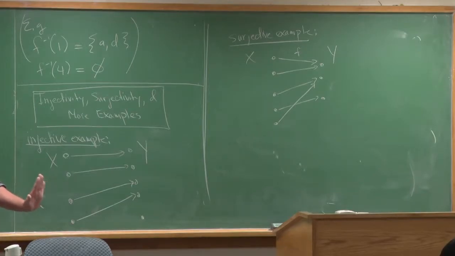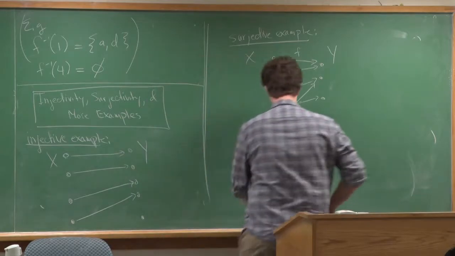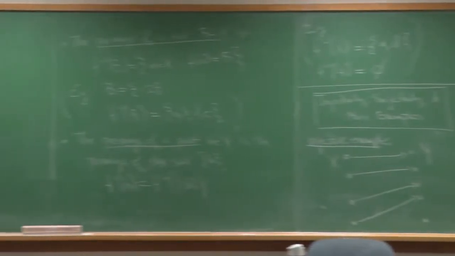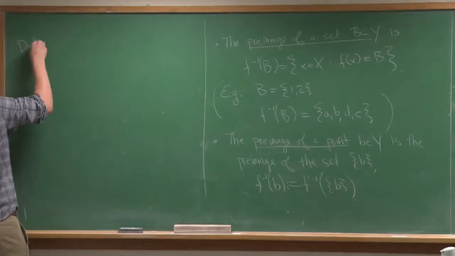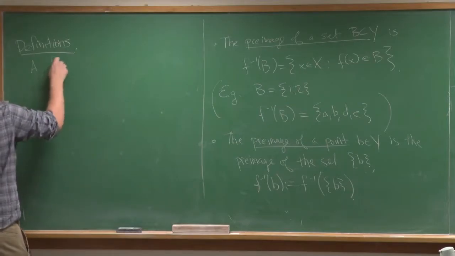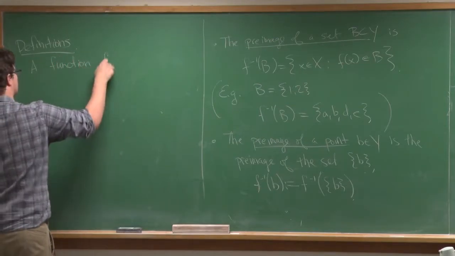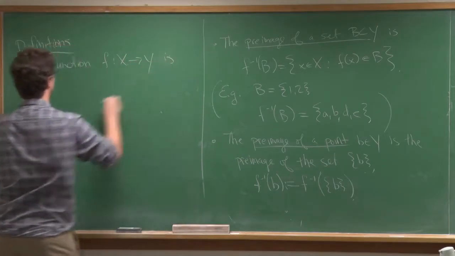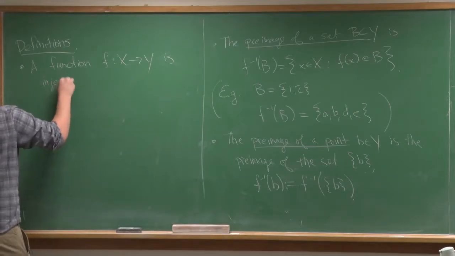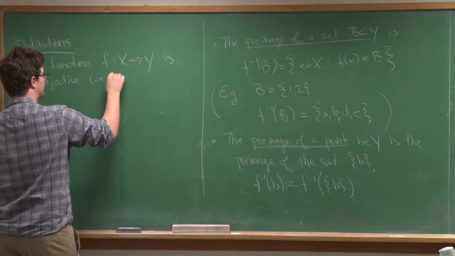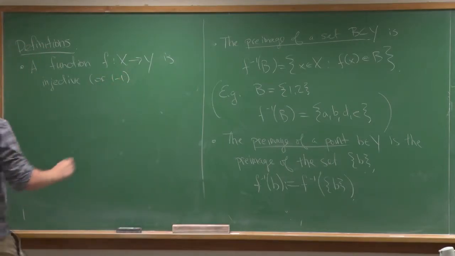So now I'll give you the definition. Let me give you the official definition. So a function f from X to Y is injective, or sometimes this is called one-to-one, right?